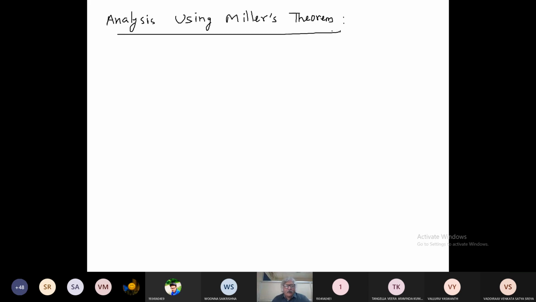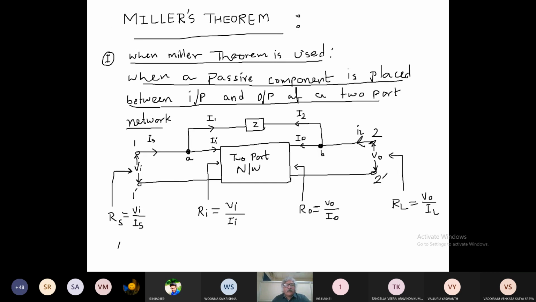Now analysis using Miller's theorem. This is our figure number 1.